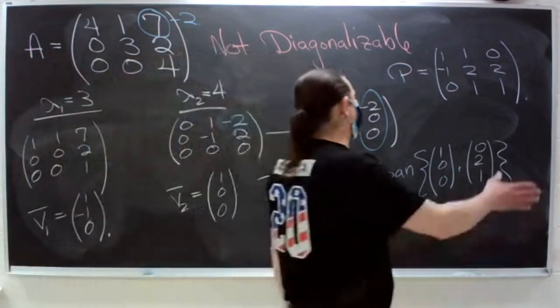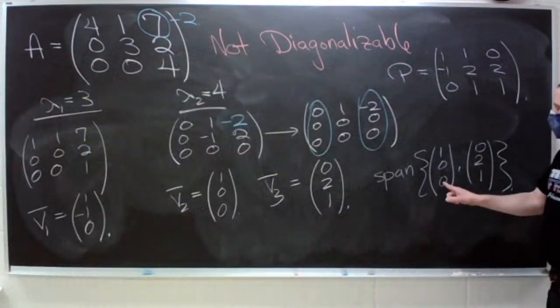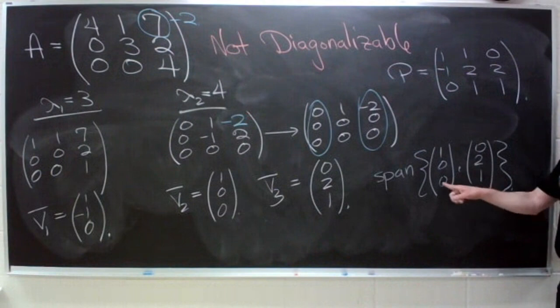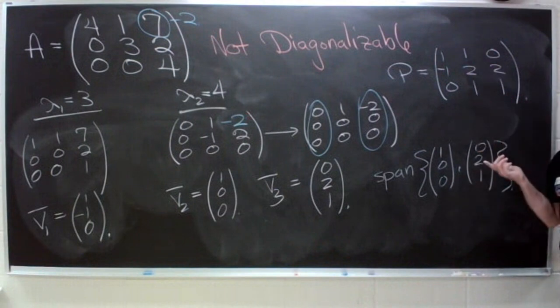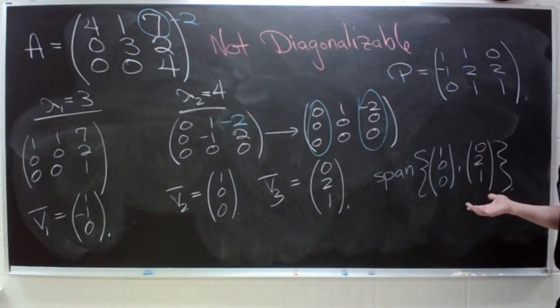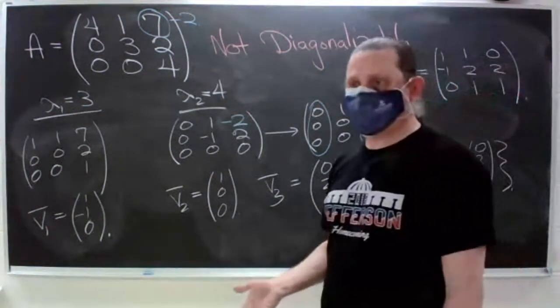Then I mixed and matched. I used the sum of these two vectors. Doesn't matter. These can be any eigenbasis.